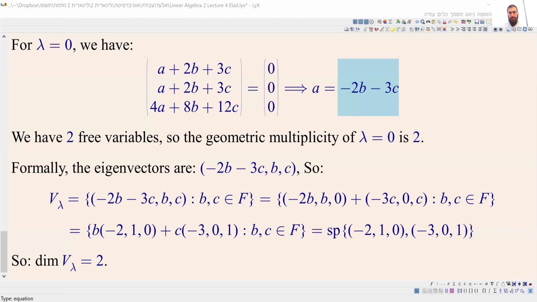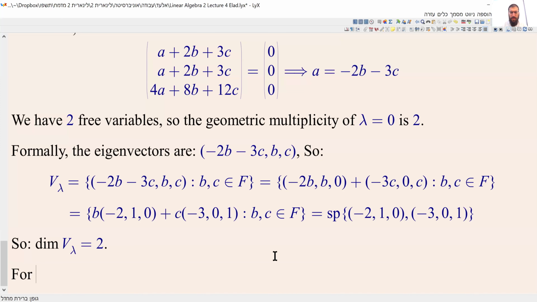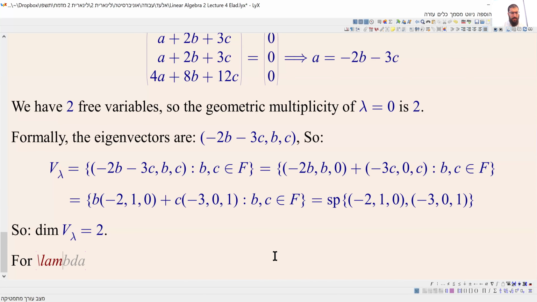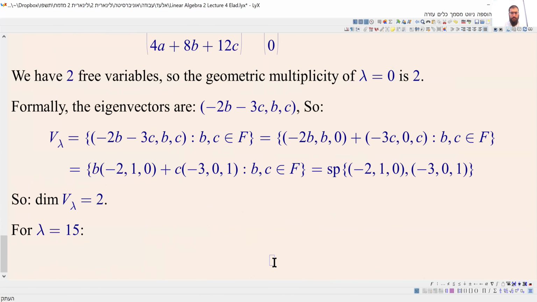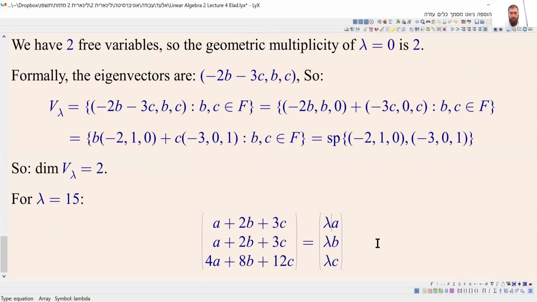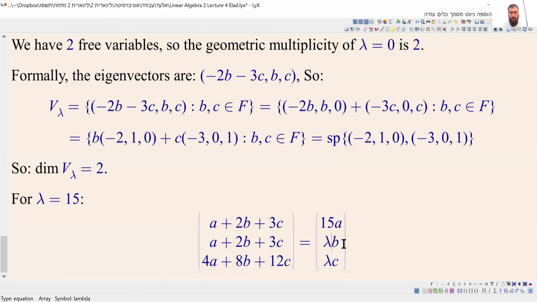Okay. Any questions? So let's write it down for 0 and you can move on. For 15, that was the second eigenvalue. For lambda is 15, we have this system of equations.